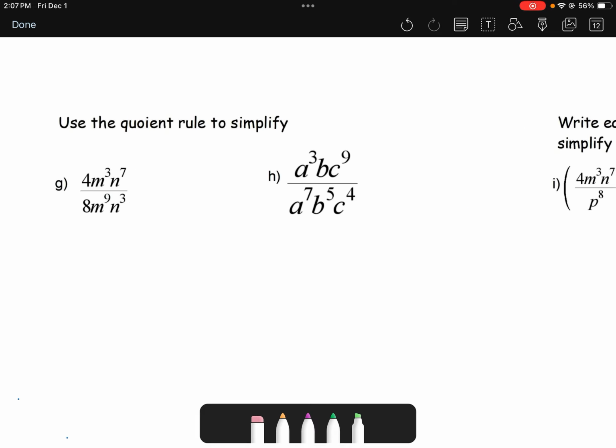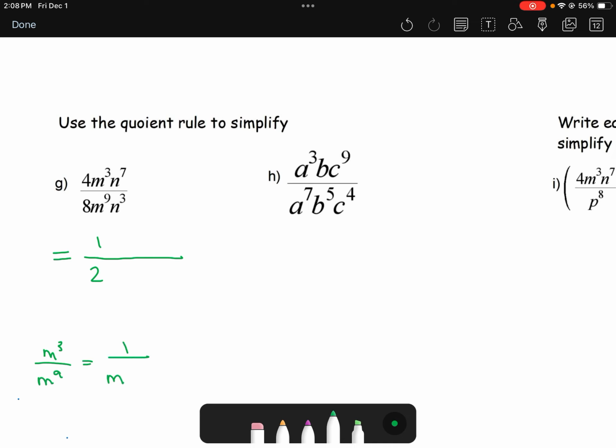Okay. Whew, some more fun with this. Okay, so we're going to use the quotient rule to simplify. These are nicely stacked up for us. So 4 over 8. Well, 4 over 8 as a fraction is 1 over 2. m cubed over m to the 9th. Okay, so again, think about this.